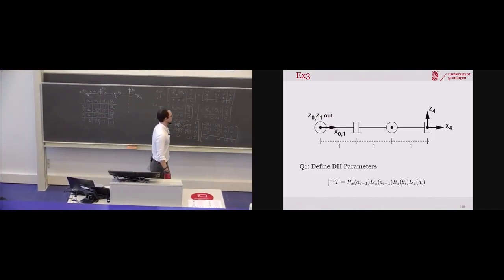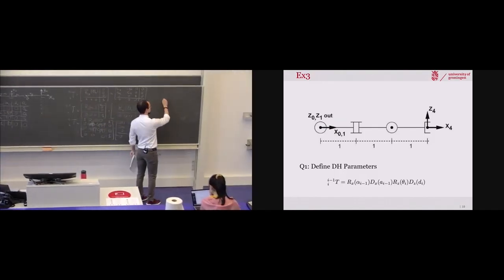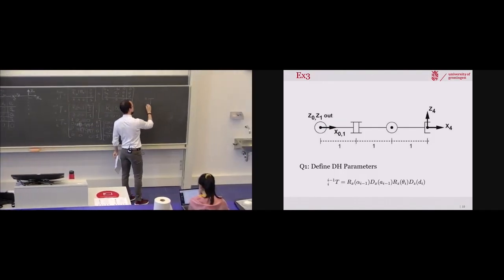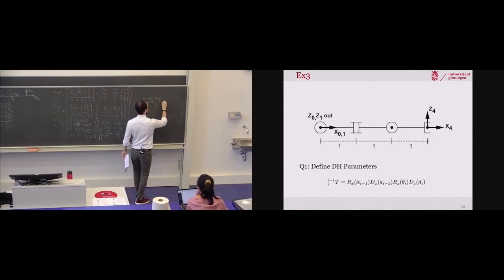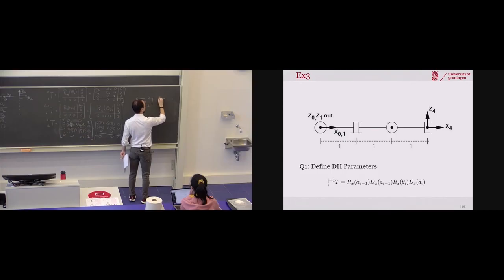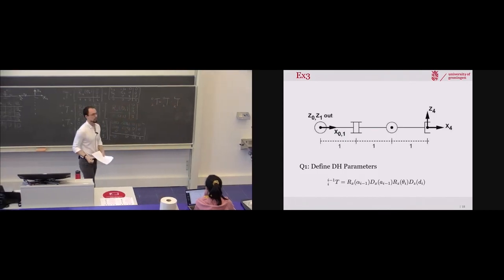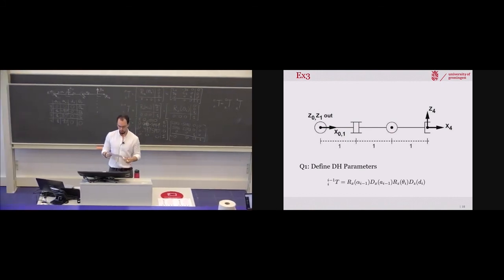Once you have this, to obtain the transition matrix from frame 0 to frame 2, the only thing that you have to do is multiply the two. So the transition matrix from frame 0 to frame 1 multiplied by the transition matrix from frame 1 to frame 2 gives you exactly the transition matrix from frame 0 to frame 2. Okay?